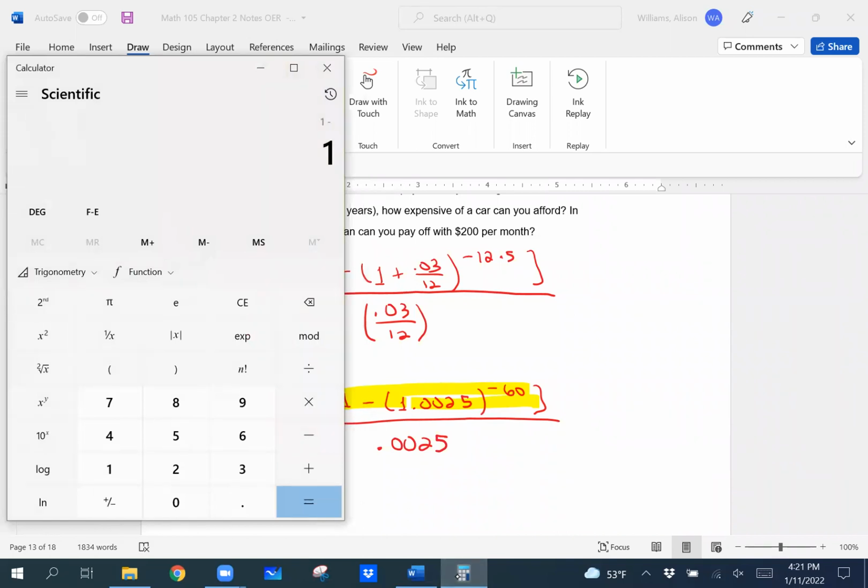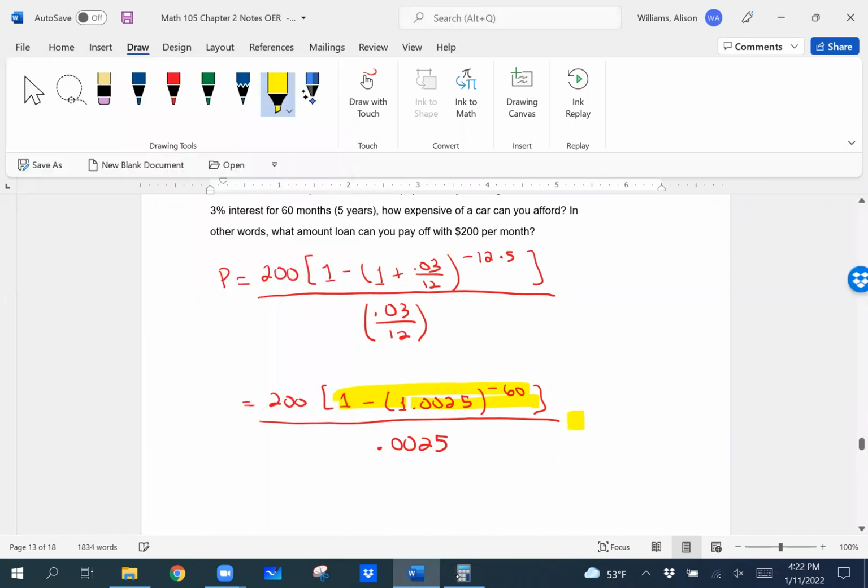So 1 minus 1.0025 raised to the negative 60 equals, okay, there we go, times 200 equals, divided by 0.0025 equals, there we go, that's better.